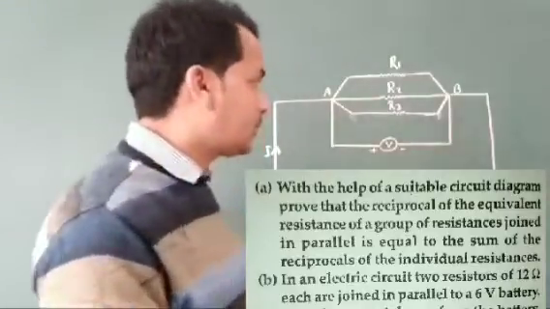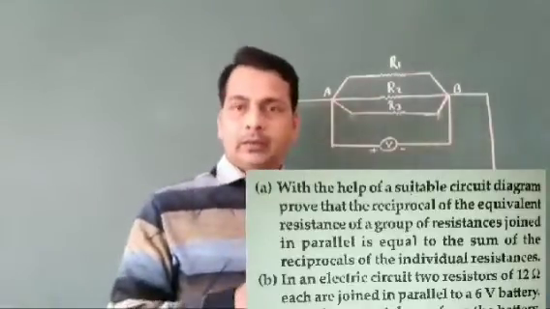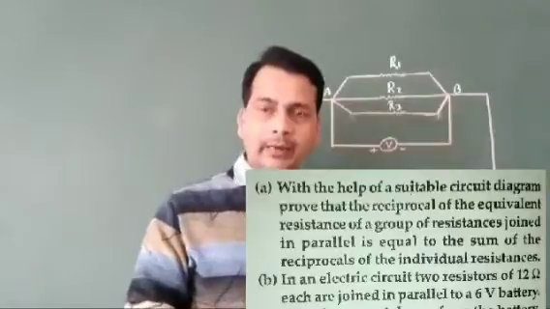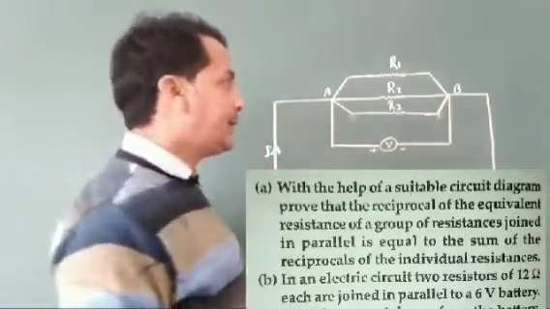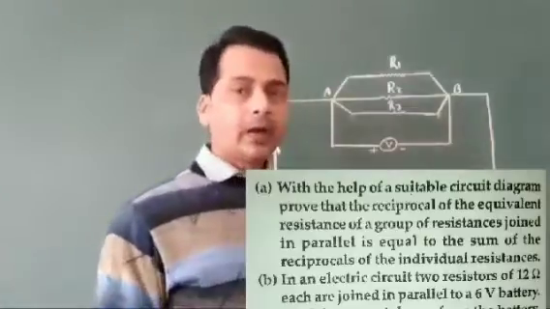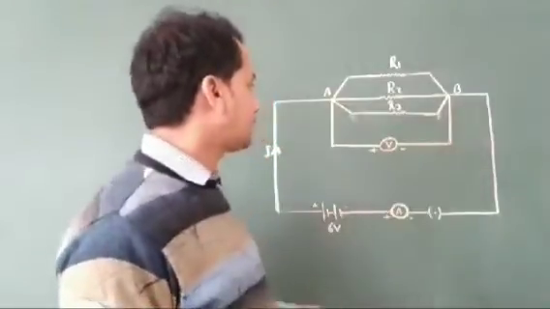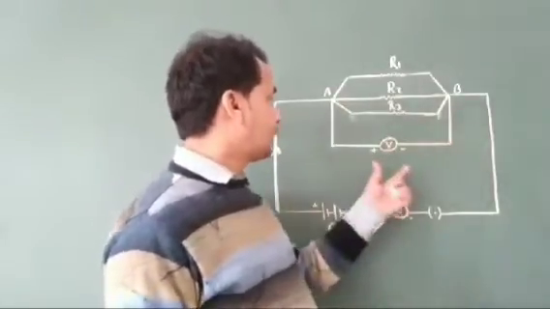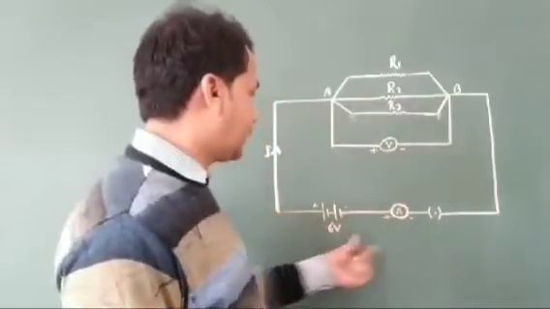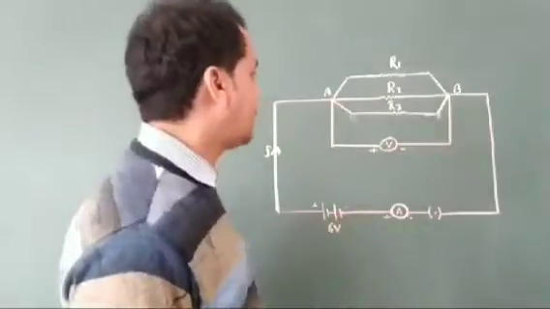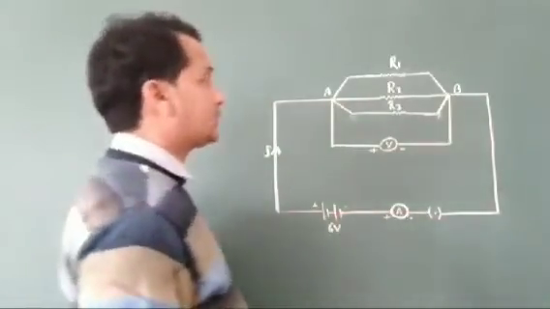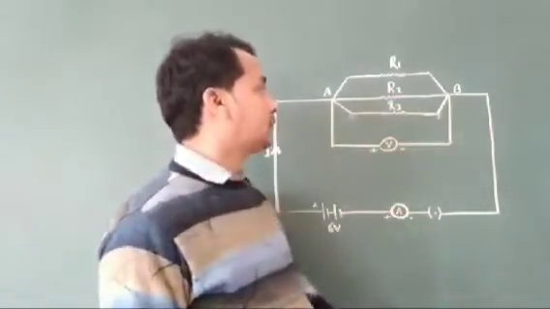So here suppose the equivalent resistance is R, and there are three resistors used in the circuit here, R1, R2 and R3. They are also connected to a voltmeter, battery and ammeter. So here is the circuit diagram, and take the three resistors R1, R2 and R3.